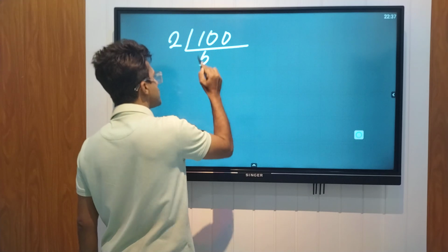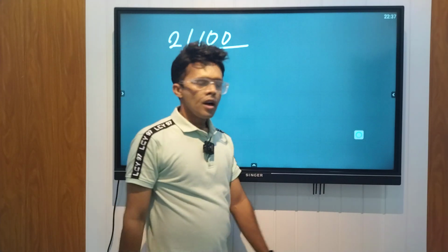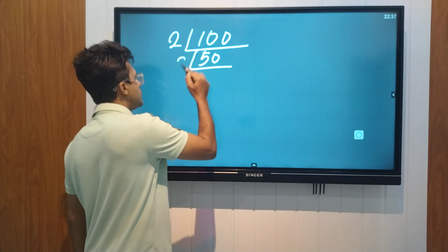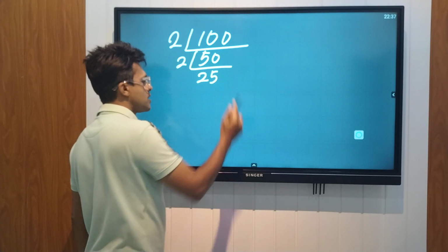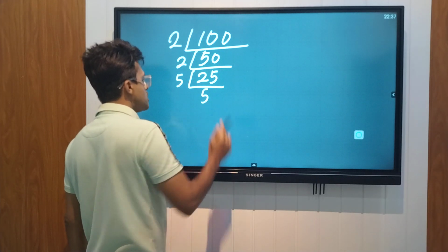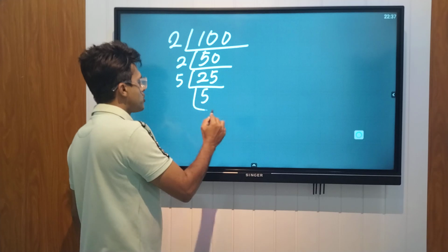100 upon 2 is 50. Again, this 50 is divisible by 2, so 50 upon 2 is 25. Then 25 upon 5 is 5. So 5 upon 5 is 1.